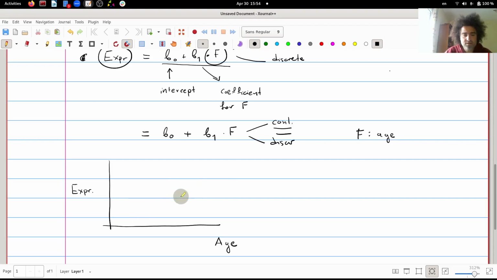Now let's assume that we have this case here. Each dot here represents the expression value of a person. Okay, let's suppose it's something like that. Now we have all these measurements.